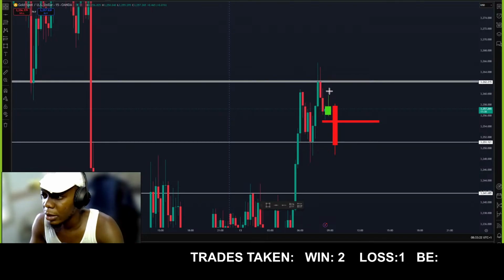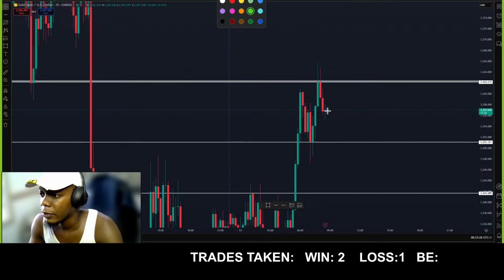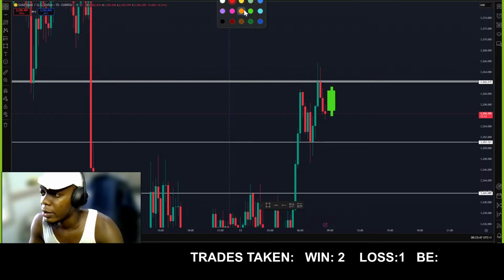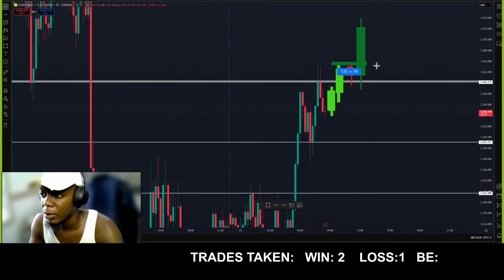Or what I want price to do is get some kind of bullish momentum pushing upward. If I see bullish momentum pushing like this, then a bullish close above this resistance, I can look for a retest, then I look to buy. Or after it breaks above this level, I can see a bearish candle retesting the whole zone, then a bullish candle breaking above, then I look to buy above.